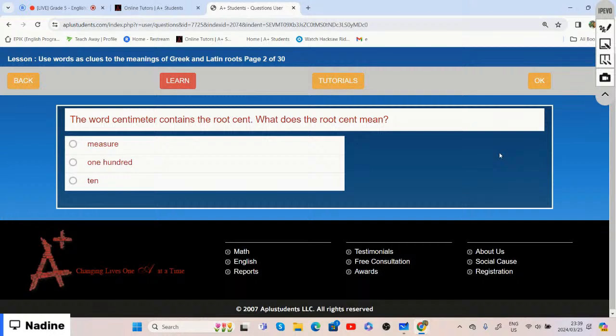Is it to measure, is it 100 or is it 10? I'm going to give everybody else also a chance. The options are measure, 100 or 10. So it's either 100 or 10, not 1000.